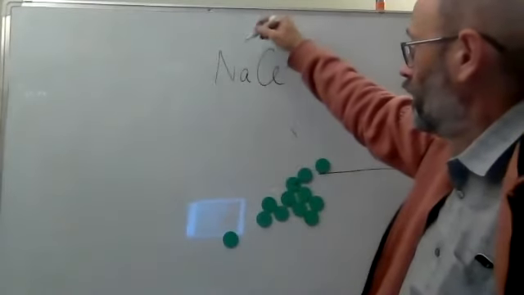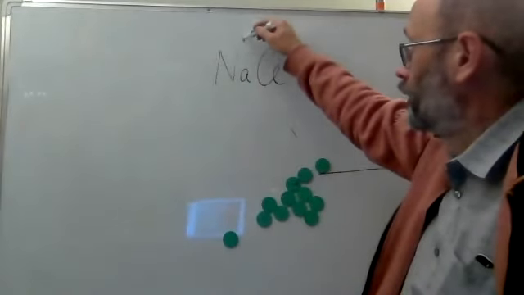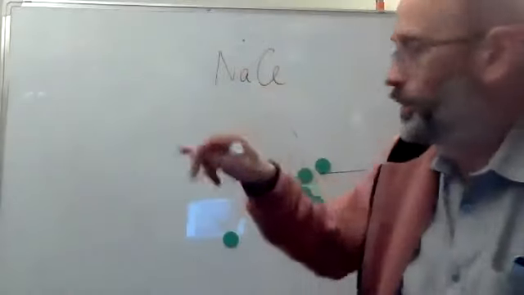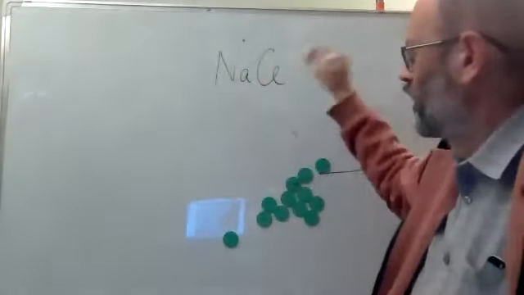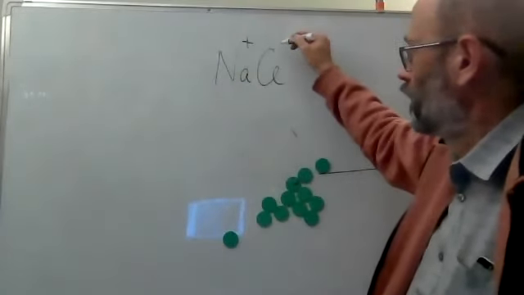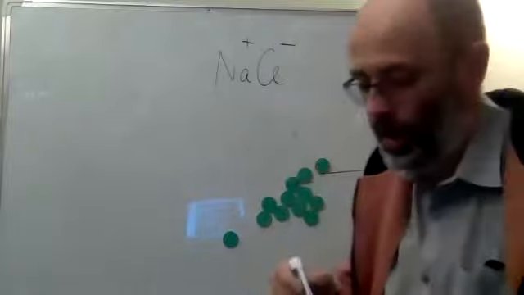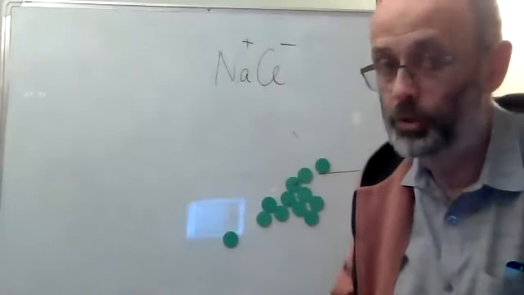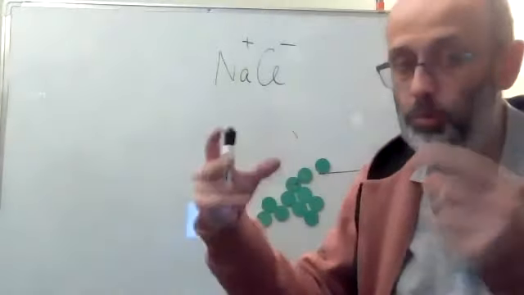Sodium atom donates its own outer electron to chlorine. Chlorine takes its electron, it completes its outer shell, so the sodium becomes positively charged, chlorine becomes negatively charged. And these positive and negative ions attract each other due to Coulomb forces.